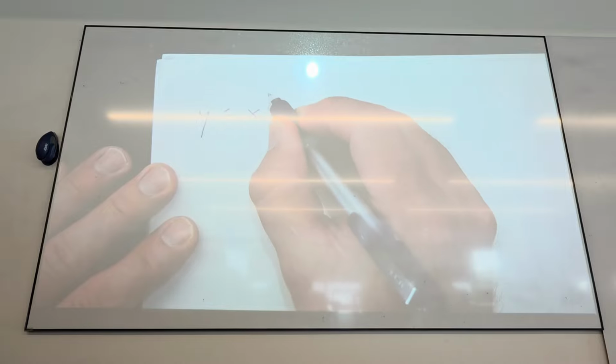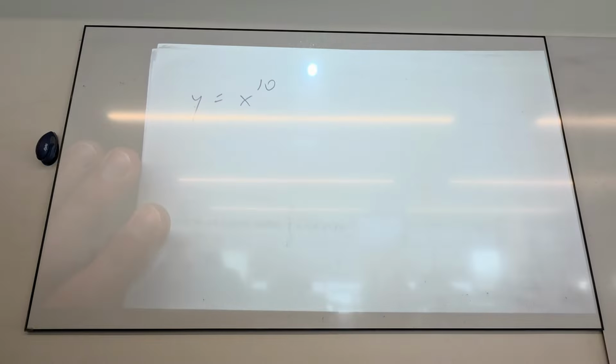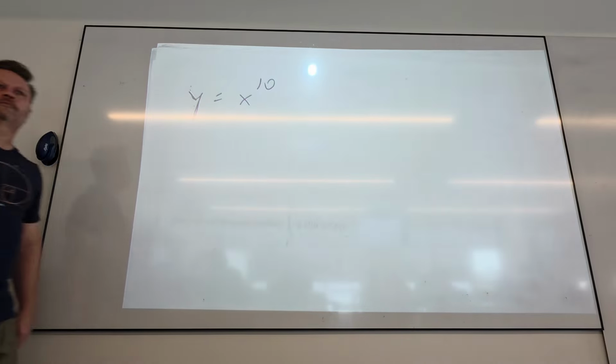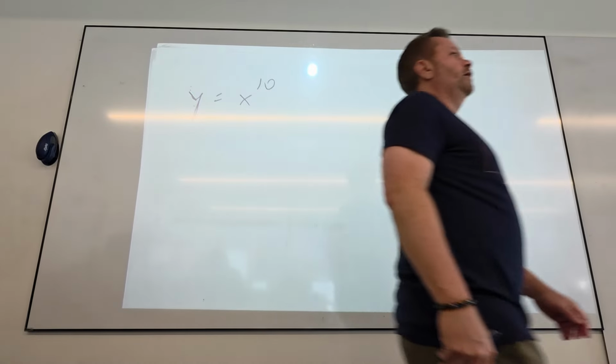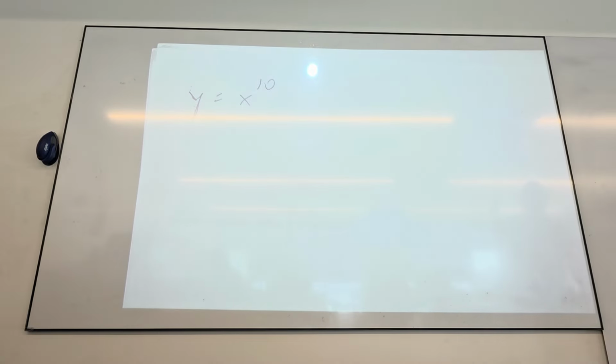Okay. So let's do this. I didn't really do this, and I want to make sure we're all cool with this. Can somebody tell me roughly what this would look like? Yeah. What's really neat, the higher the power gets, here, I'll show you.